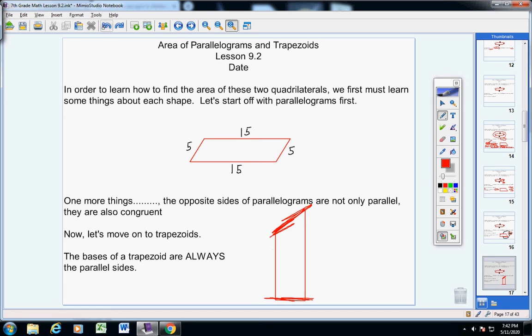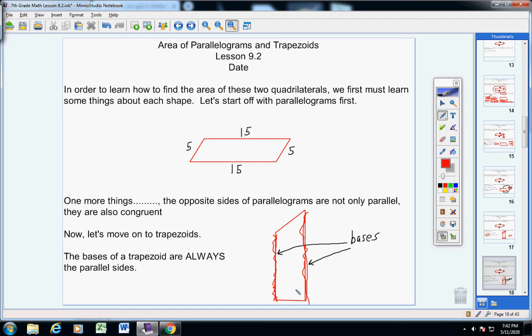No, they're not parallel. So this side here and this side here cannot be your bases. Your bases would be this side here and this side here, even though this trapezoid is going up and down, these two sides here are your bases.